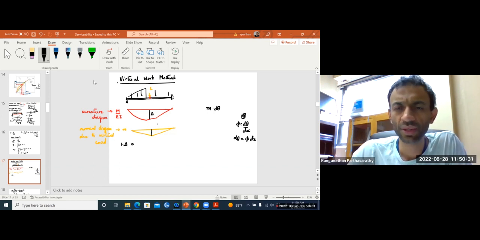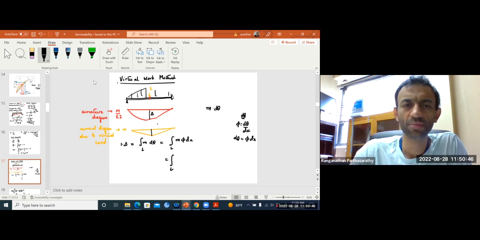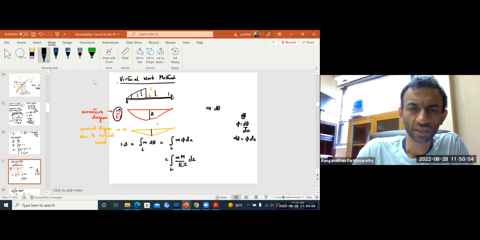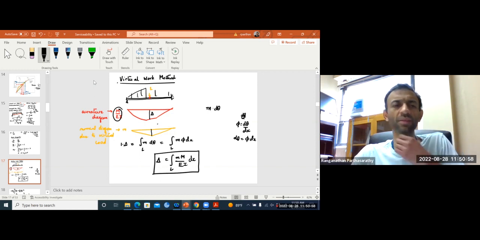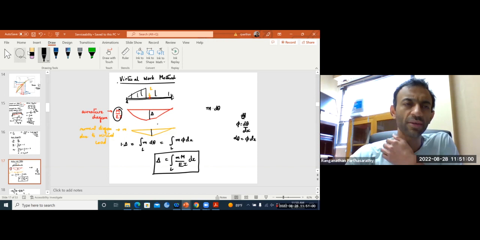So your internal virtual work is integral m d theta along the length of the beam, which is integral m times phi dx. But your curvature is obtained from your real bending moment. So m times M by EI dx. That is delta. Okay. This is your virtual work method.